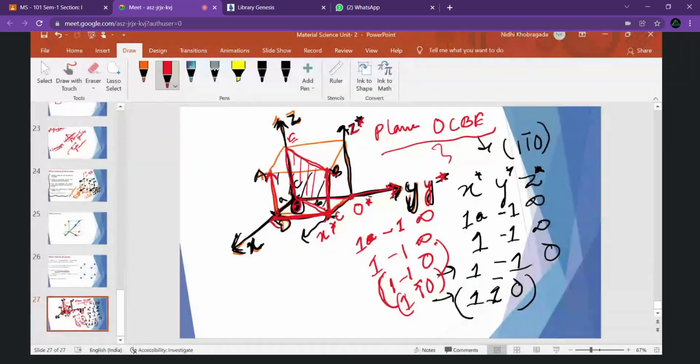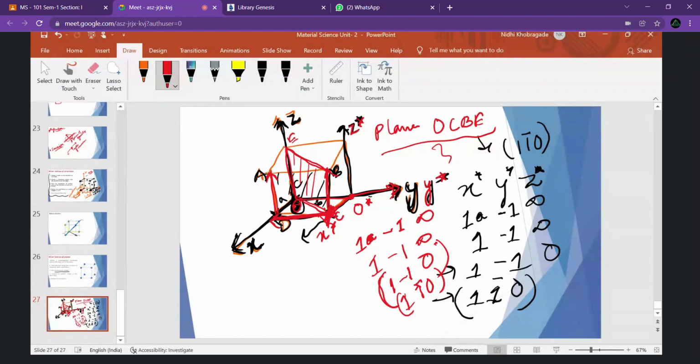So for the x-axis the intercept will be 1 because it is intersecting at this particular position, from this to this. While on the y-axis, if I move in the positive direction, there is no intercept, right? It is not intersecting. So to get the intercept on the y-axis, we have to move in the negative direction.